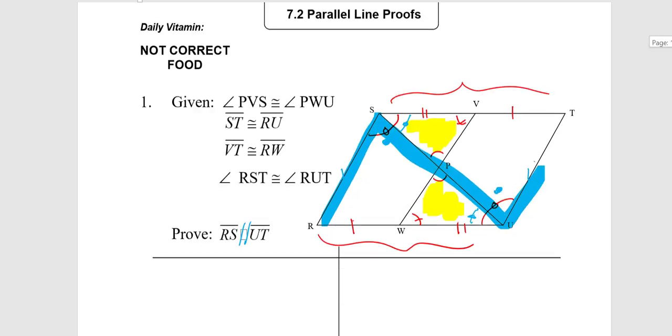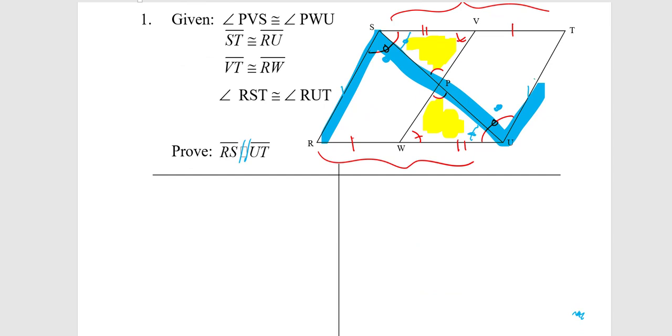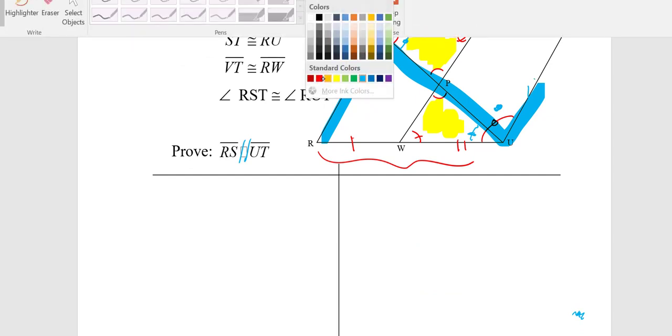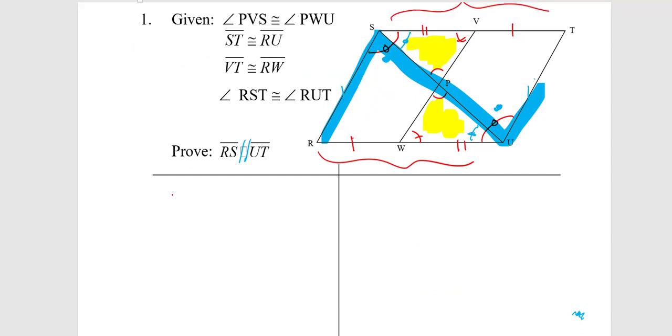So let's take a look at this and just do a quick outline of what we would need to do here. I know that I have triangle SVP congruent to triangle, sorry, it would be triangle UWP. It's going to be by angle side.